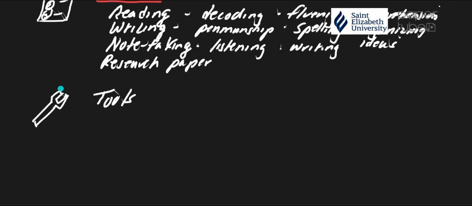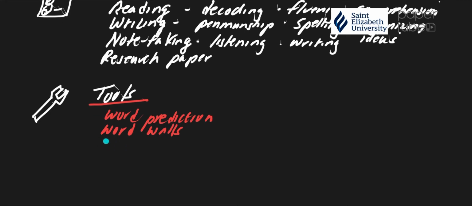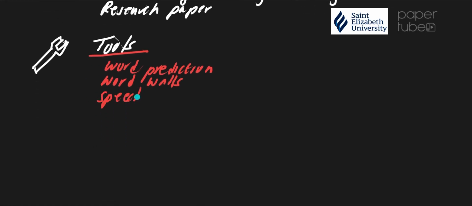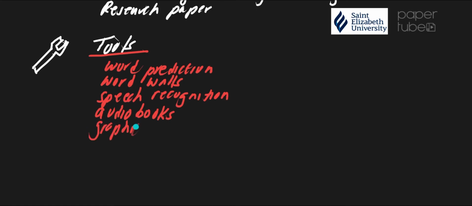In this case, this is where we begin to look at tools like, maybe word prediction for students that have difficulty with spelling, or maybe using word walls, or maybe even the use of speech recognition, which can be used for writing papers, or for students with reading disabilities, the use of audio books, or for students organizing their ideas, maybe using something like graphic organizers.